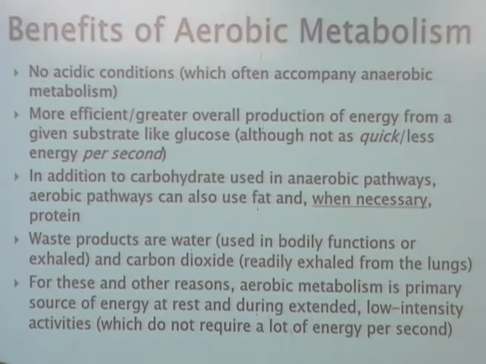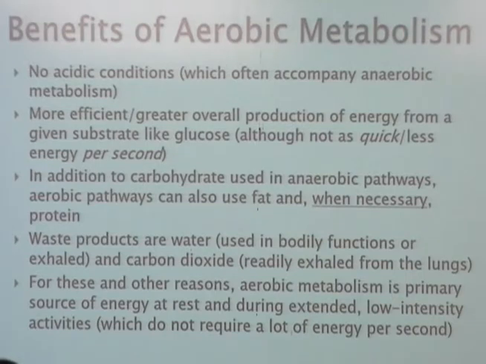We get much more efficient, much larger amounts of ATP when we work aerobically. The problem is it takes longer to get there, right? So it's more effective once we're there, it just takes a little while to get going. We can use fat as well as carbohydrates, so we have another source of energy stored in our bodies that we can utilize when we're working aerobically.